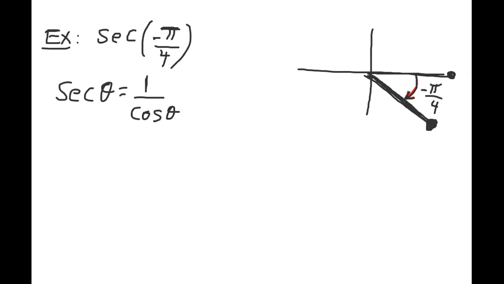So now the question is, find the secant of minus pi over 4. Like before, we use the steps. First thing, we have to find the reference angle. What is the reference angle for this angle? The reference angle is the shortest angle between the terminal side and the x-axis.